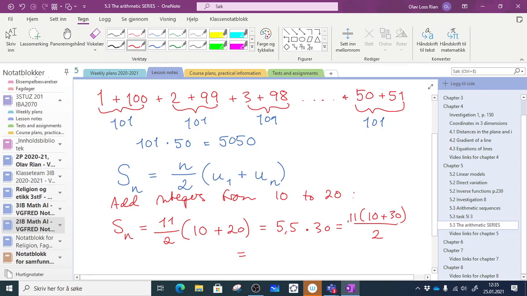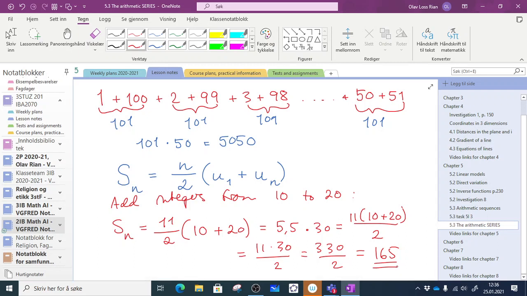And that might make life easier because this is 11 multiplied with 30 divided by 2, which is 330 divided by 2, and that's 165. So 10 plus 11 plus 12 plus so on, all the way to 20 is 165. So it's much easier to use this formula.